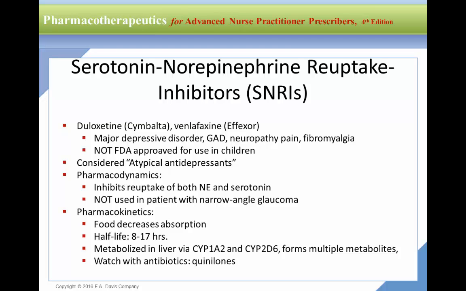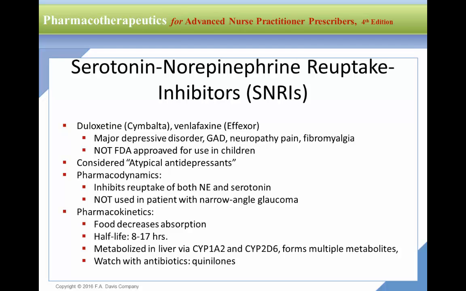All of them, not only this group, have an alpha-2 blocker effect, an anticholinergic effect, and an antihistamine effect. Therefore, try to avoid them in patients that have cardiovascular disorders as well as narrow angle glaucoma.